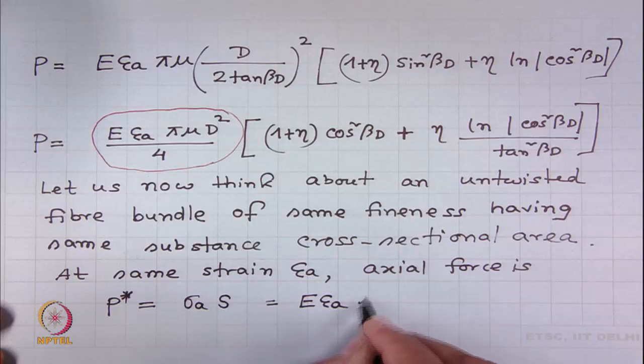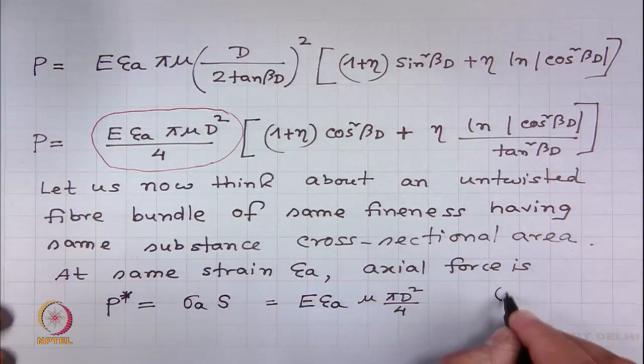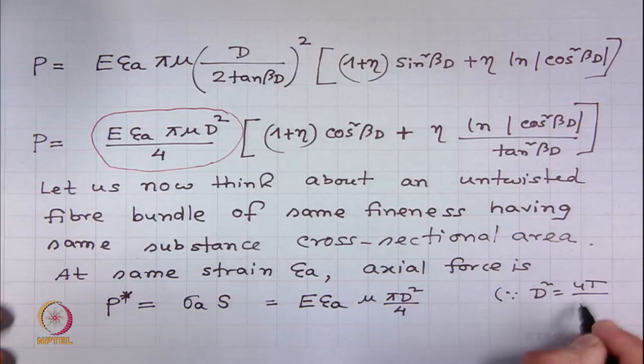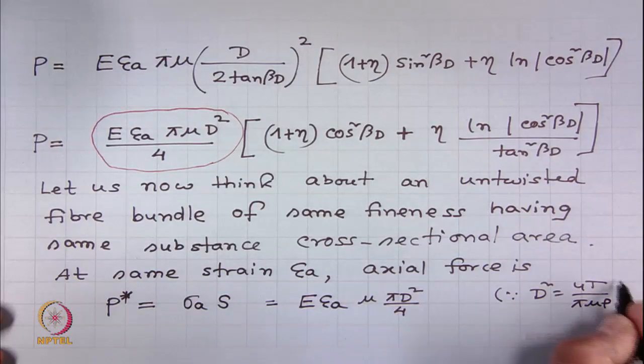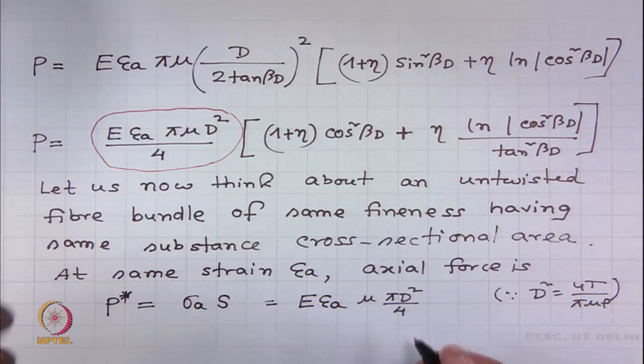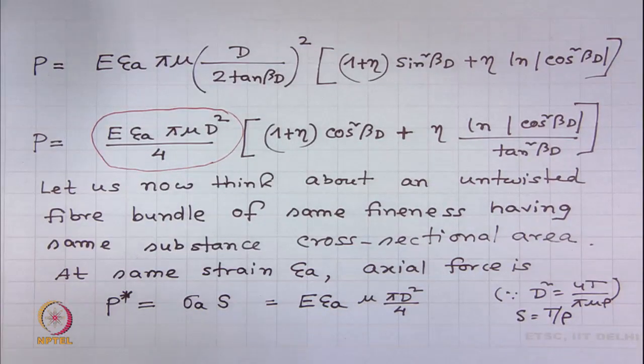S is mu times pi d square by 4, since d square is equal to 4T by pi mu rho. And S is equal to T by rho, right. This we learned in module 2.